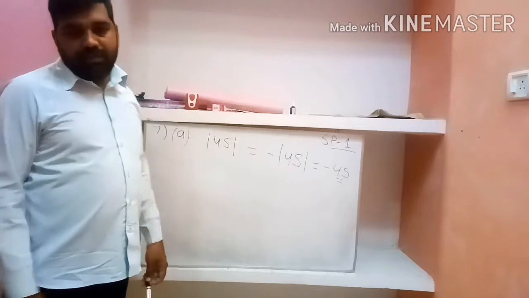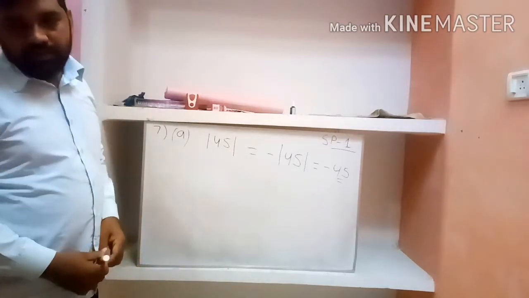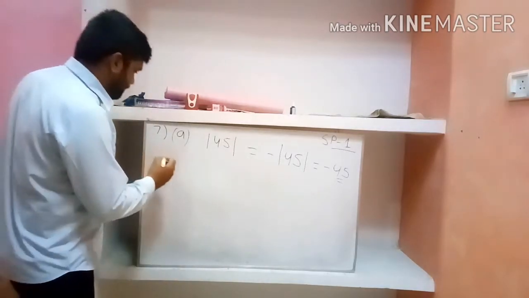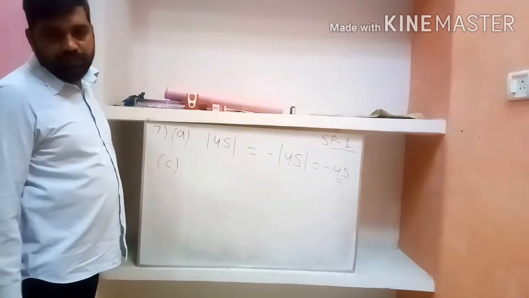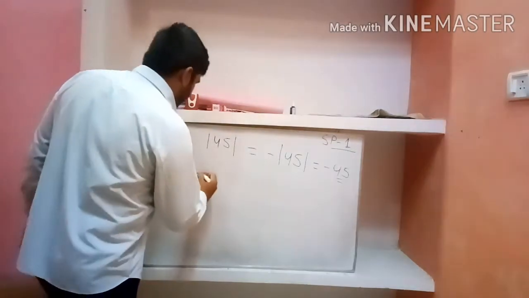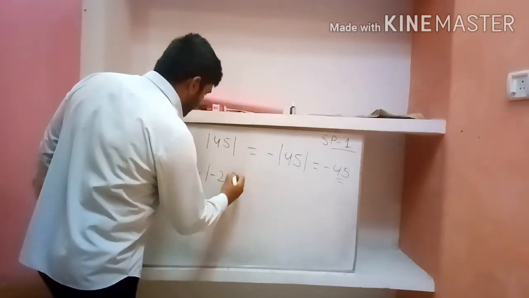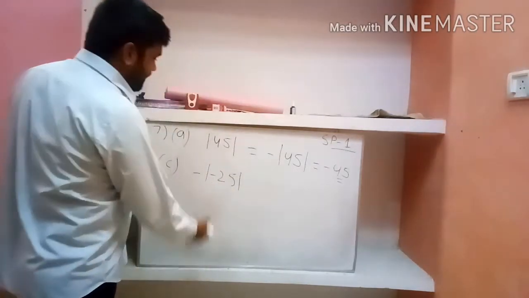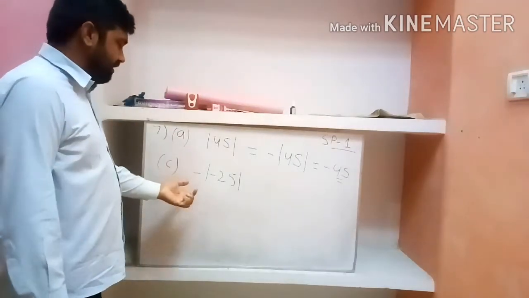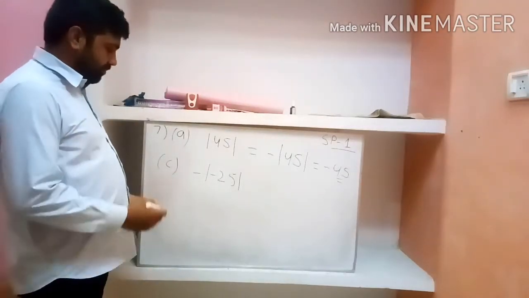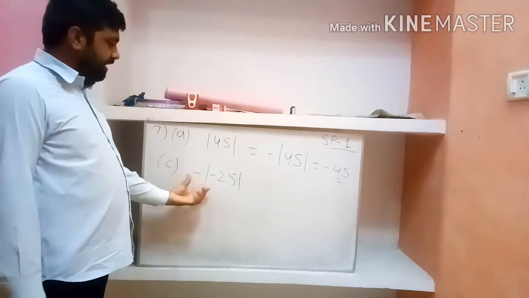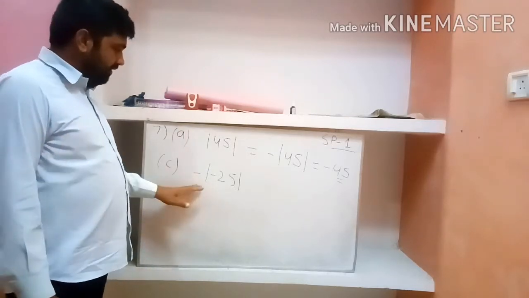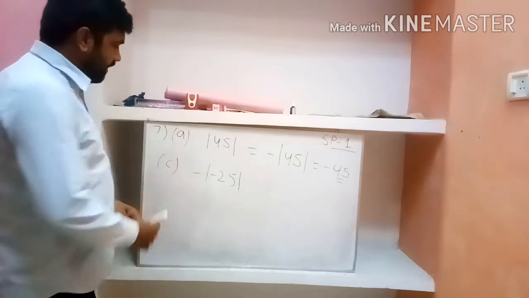One more example we can take, 7th C. In 7th C you can see, find the opposite of minus absolute value of minus 25. Opposite means we have to put a minus. The opposite of minus will be plus, so definitely this value is negative.